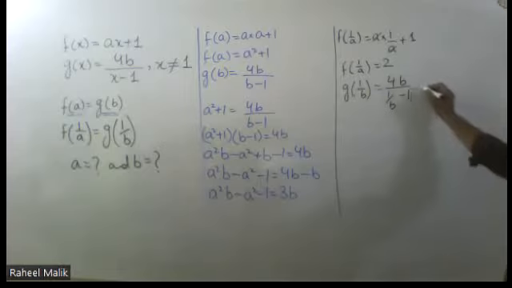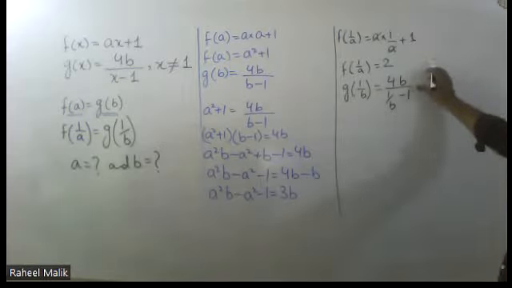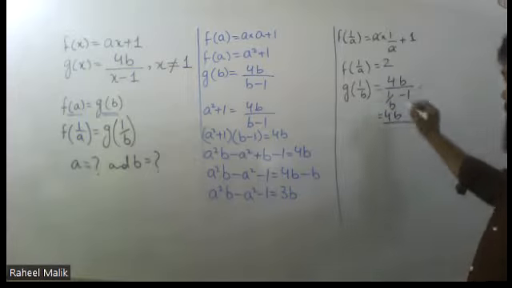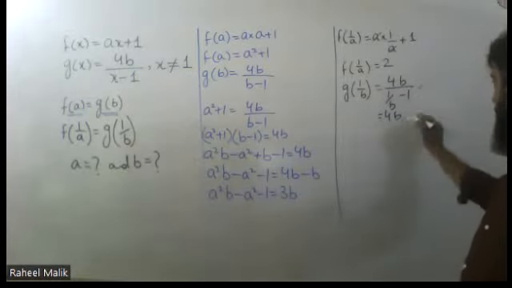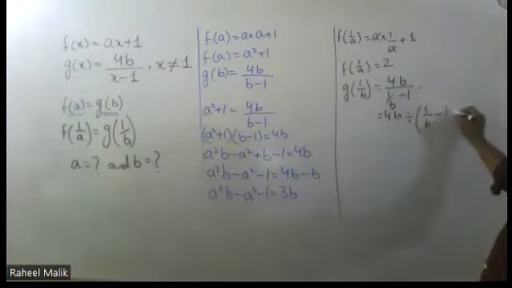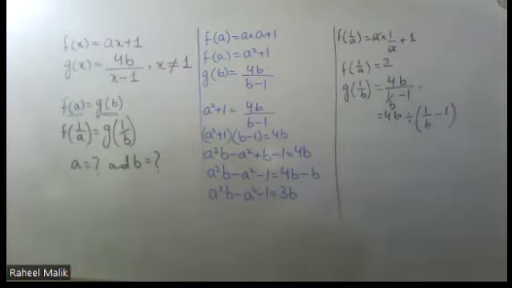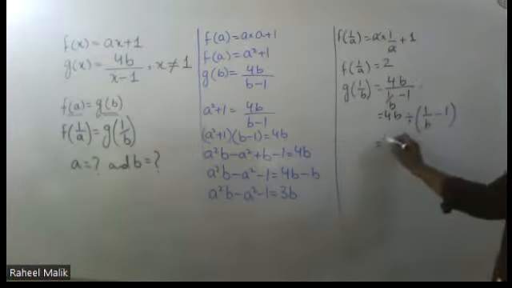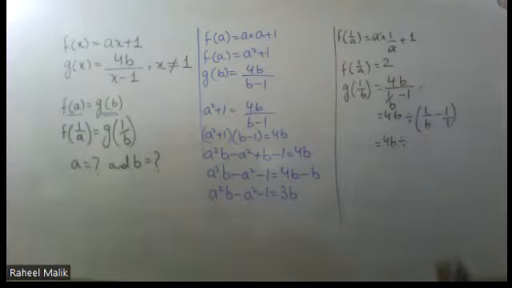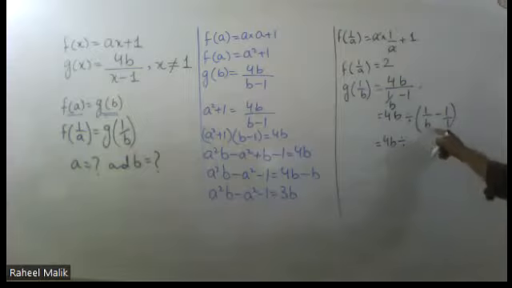Simplifying it further, 4b divided by 1 over b minus 1. Nothing is written under 4b, so it's 1. Taking the LCM, the result will be b.